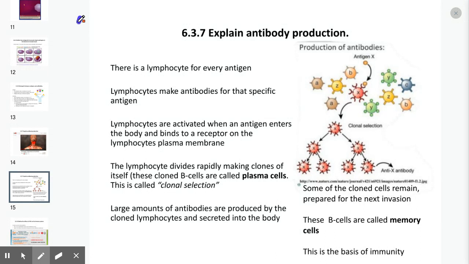So let's say we have a virus that's entered our body, and on the surface of this virus there are proteins, and these proteins are not you, and these green proteins would be our antigens. So there's a couple of different things that can initiate the production of antibodies.